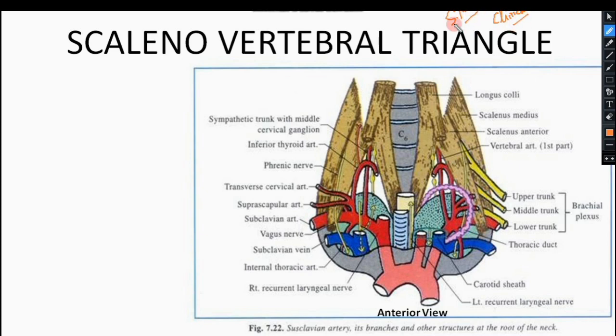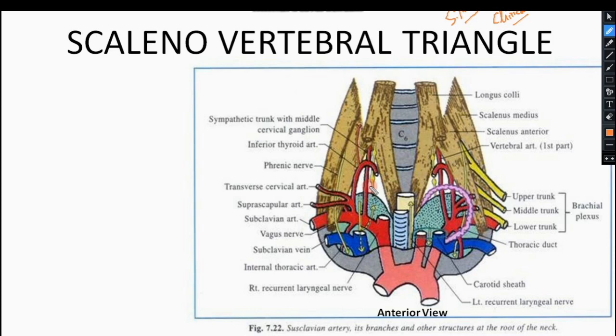So important clinically as well as for your short notes. So here we see this is the scaleno-vertebral triangle. It is present bilaterally, on both sides. Clear? And it is a triangular space. You can see this is the space. And this is present at the root of the neck. So this is a bilateral triangular space present at the root of the neck.